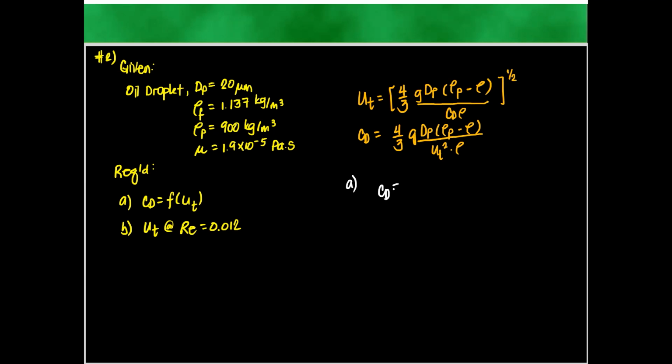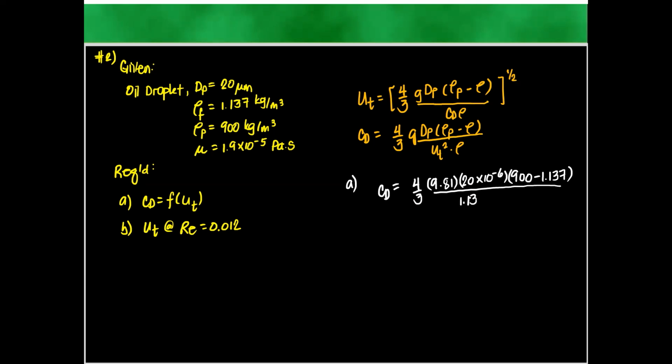What is CD? 4/3 times 9.81 times 20 microns, so that's 20 times 10 to the negative 6, and then density 900 minus 1.137, all over UT squared. So we don't know UT, but we know this.